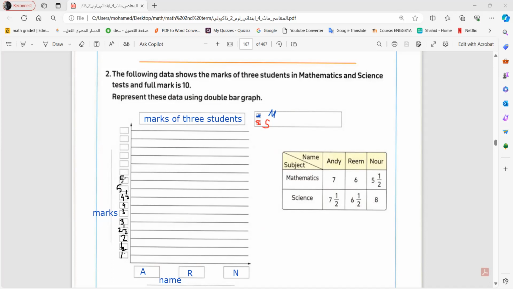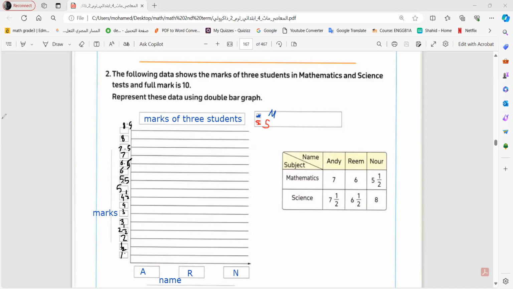I will make 5 half as point, okay? 6 and 6 half. I will write it this in decimal to be easy. 7, 7 half. 8, 8 half. Bravo.